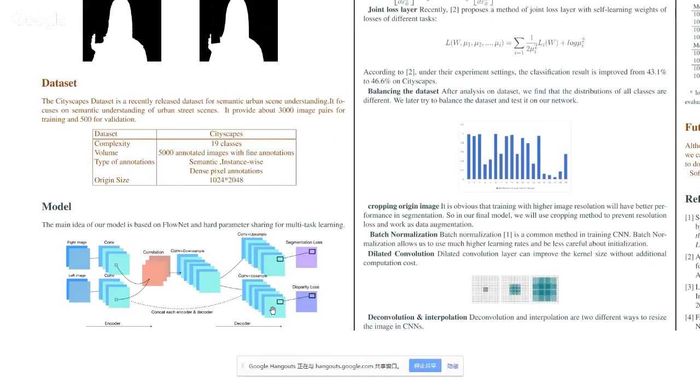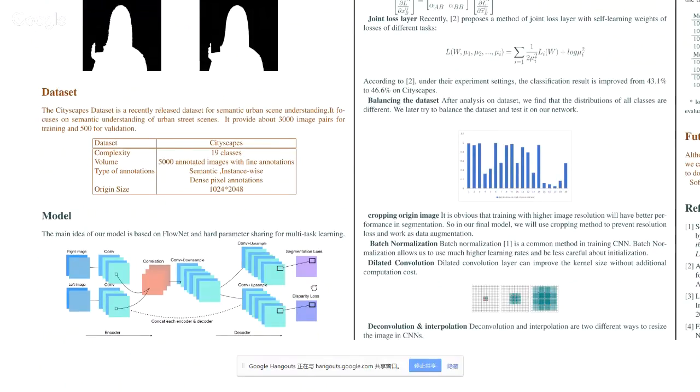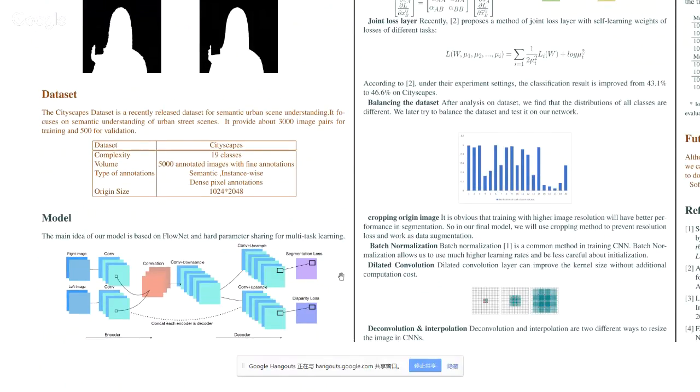One is for segmentation, and the other is for disparity. The left and right features can be used together to get the features. This is the basic network structure of our experiment.